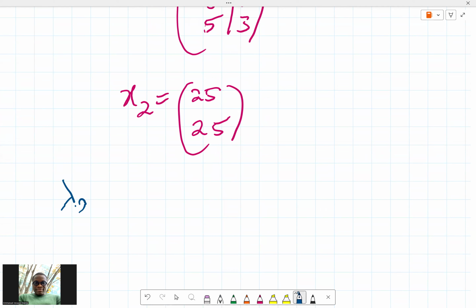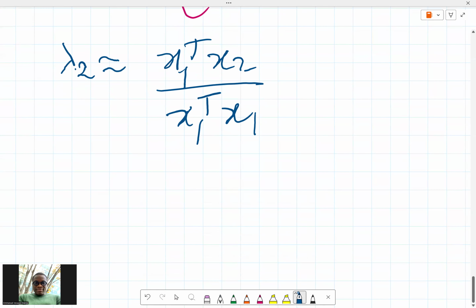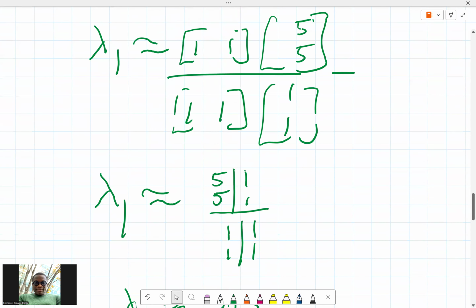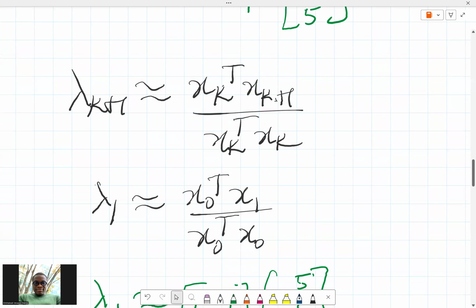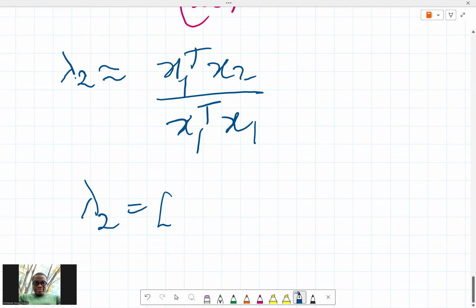Now, lambda 2 is approximately, x1 transpose x2 all over x1 transpose x1. So lambda 2 is equal to, now x1, what is x1 again? x1 is 5, 5. So x1 transpose, the column vector becomes a row vector.